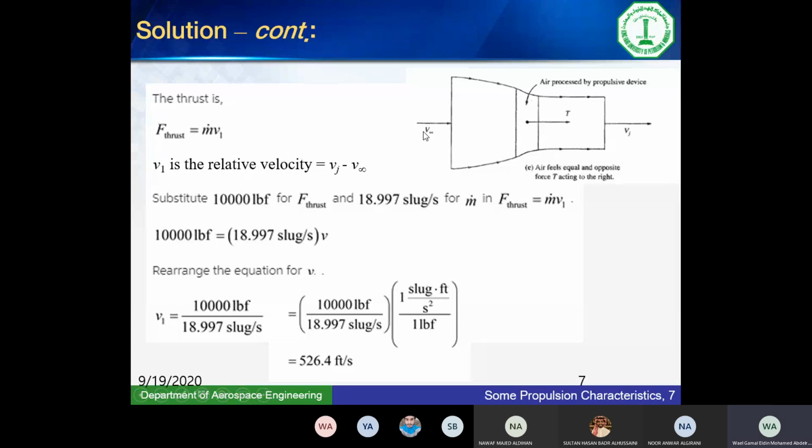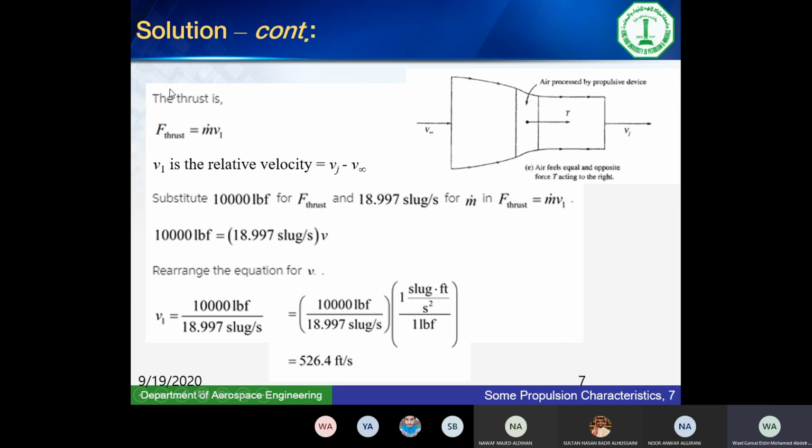If I take v jet minus v infinity, which is the speed at the entrance of the compressor, roughly, and we call the difference v1, then v1 is the relative velocity of the jet compared to the speed of the aircraft. If I take that speed and multiply it by the mass flow rate, m dot of the air, how much air enters into the compressor and the turbine, that would give me the thrust. We had that equation last time.